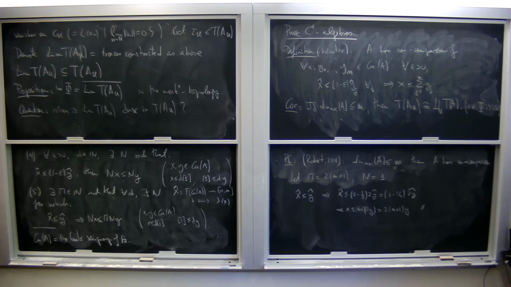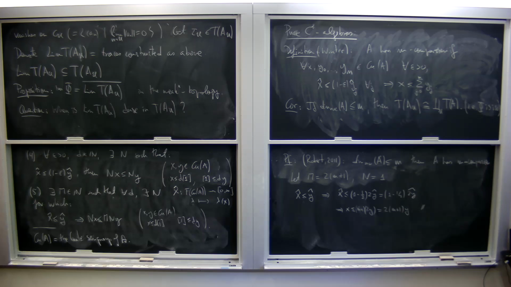One says that A is divisible if for every X in the Cuntz group of A, and for every cut down, something which is compactly contained.